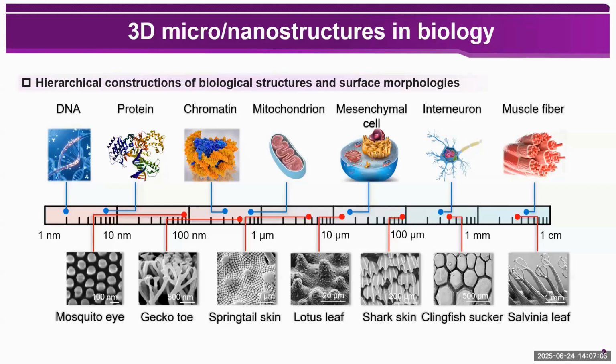The microstructure of the locust leaf enables its superhydrophobicity such that the water cannot stay on the leaf. And also the shark skin consists of well-aligned 3D microstructures, which is very crucial to the drag reduction during their swimming.